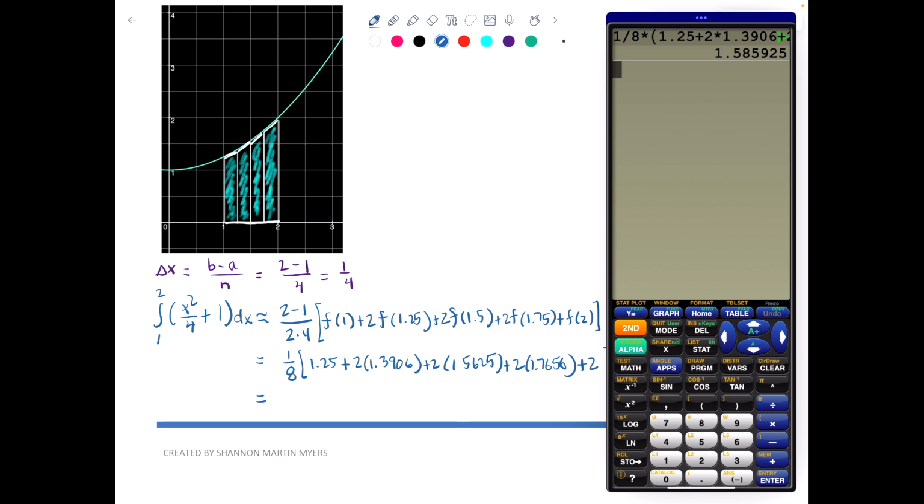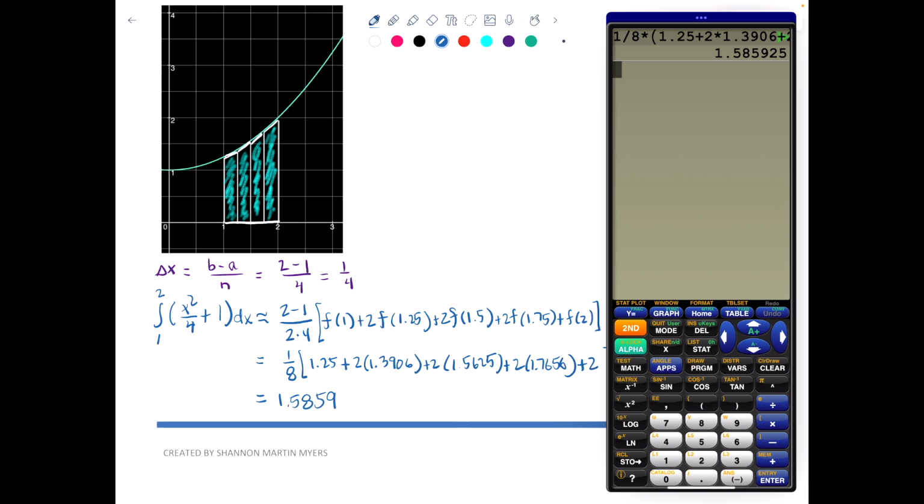And this will give us approximately 1.5859. And we don't need to put square units because we're approximating the definite integral.